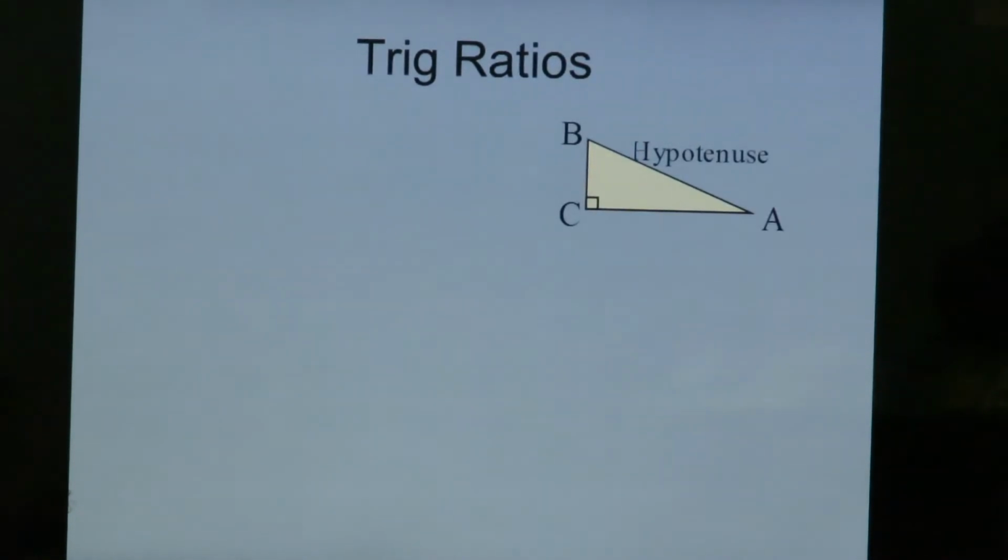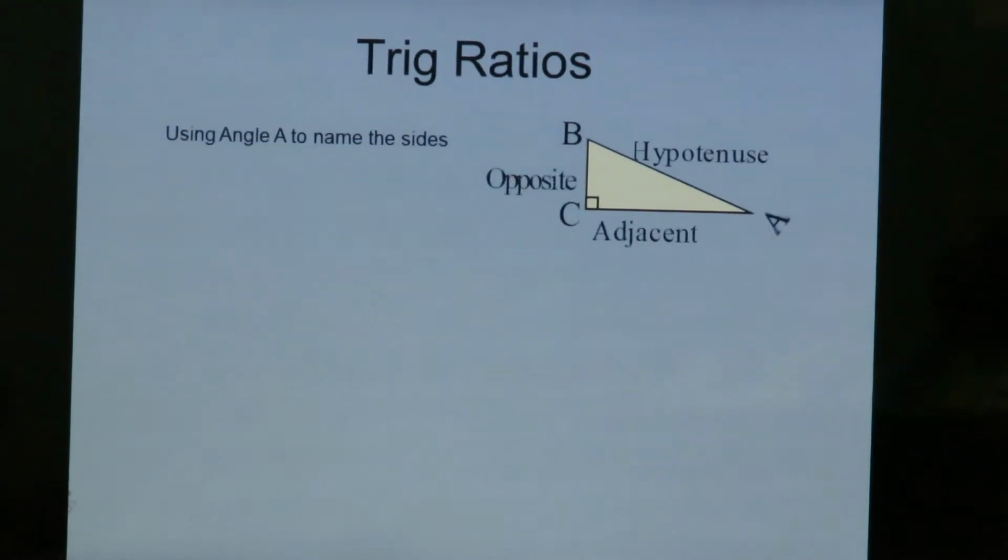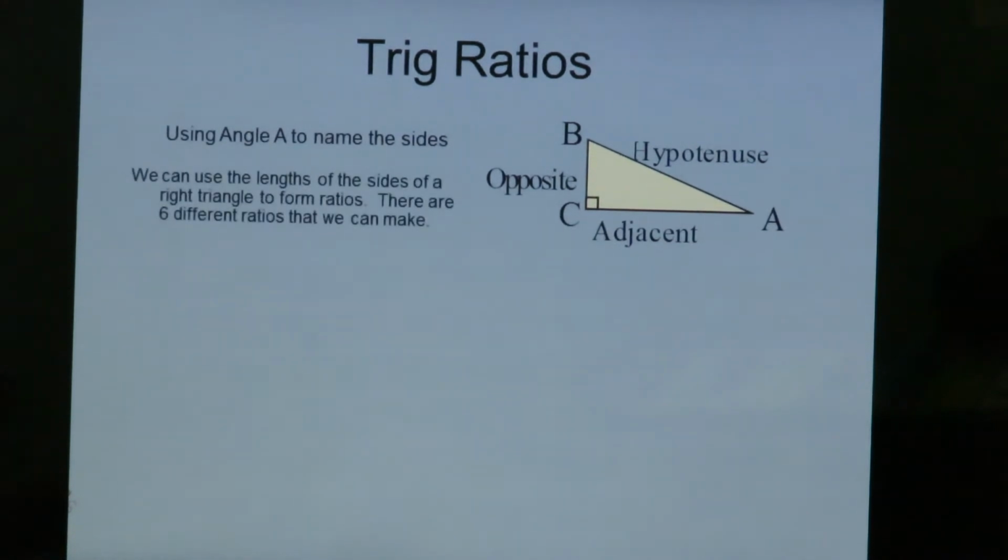The ratios, how the ratios will be taken. Using angle A to name the sides, we can use the lengths of the sides of a right triangle to form ratios.